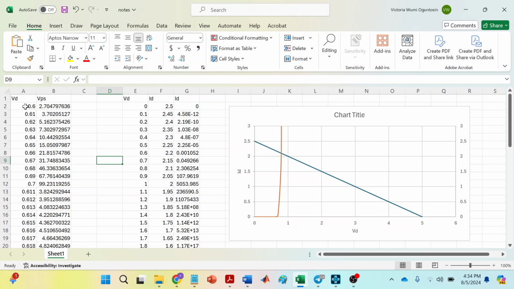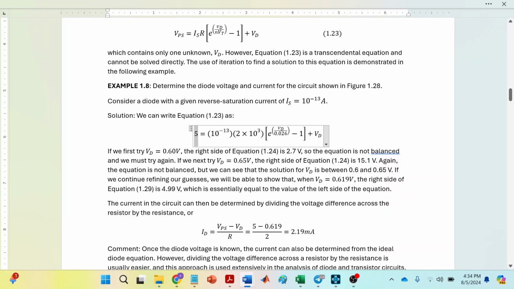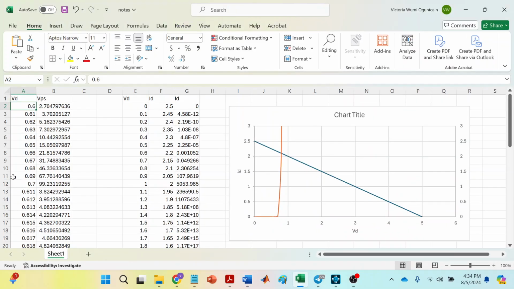So this is the value of the VD. Like I said, I'll begin to substitute different values of VD. Then I will see which one gives the value of 5. So I have different values of VD, 0.6 to 0.7. Then this is the power supply voltage.